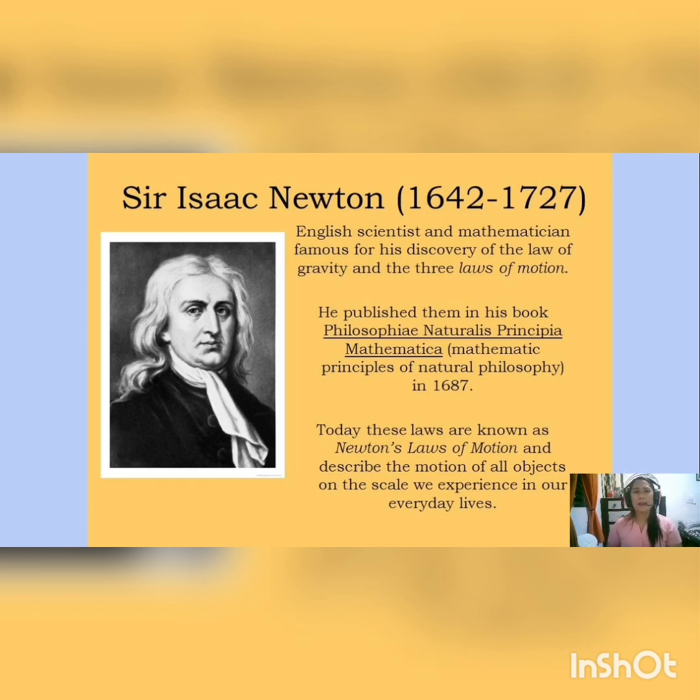So, malaki ang pasasalamat natin kay Isaac Newton. Kung meron kayong nakikitang picture na isang scientist na nakaupo sa ilalim ng puno at may nahulog na apple sa kanya, yon, that is Isaac Newton. He was known for that kind of picture.